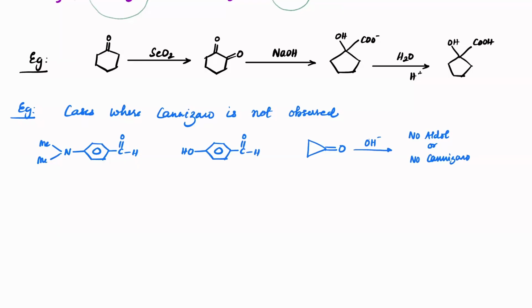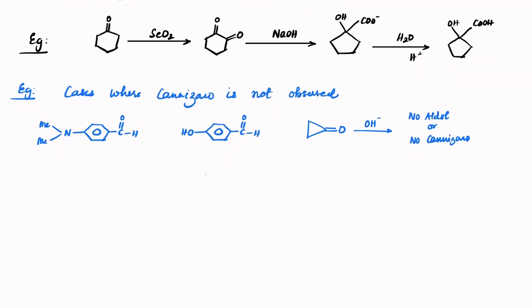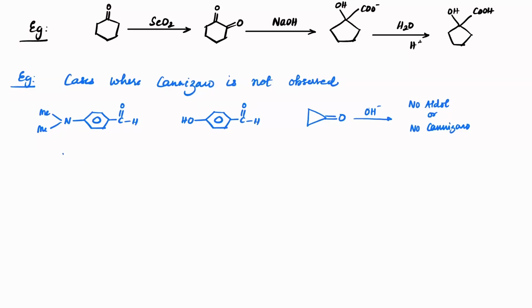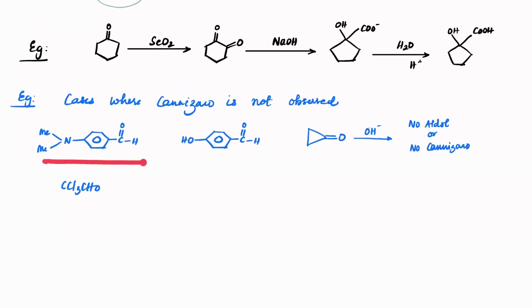No aldol, no Cannizzaro. The reaction type is different here. Next, in case you have CCl3CHO, this one will also not give you any Cannizzaro. So by chance if you come across these cases, guys, this will not give any Cannizzaro test.